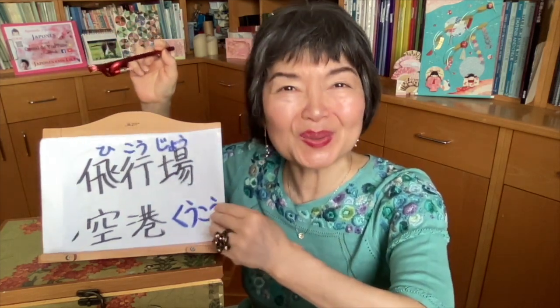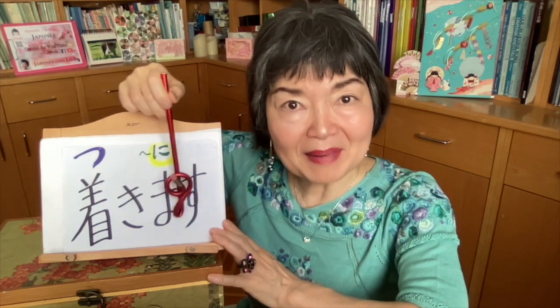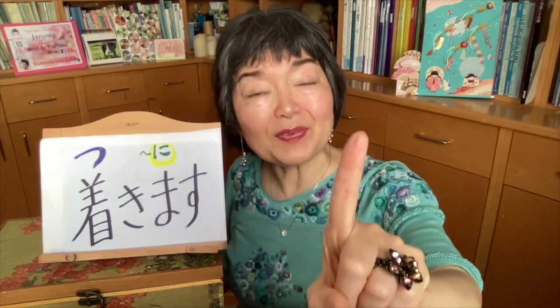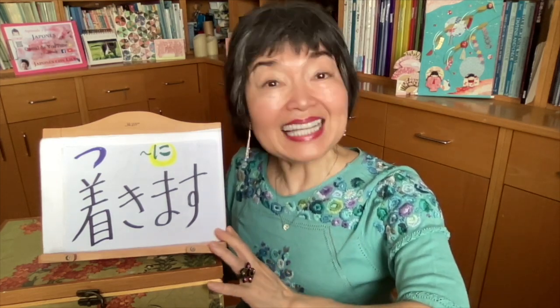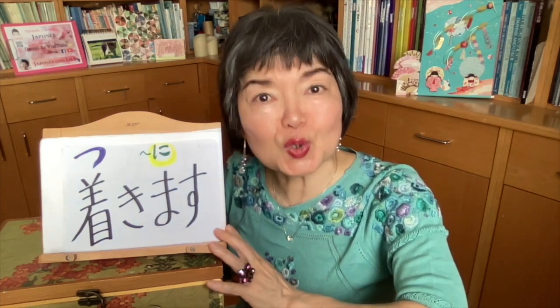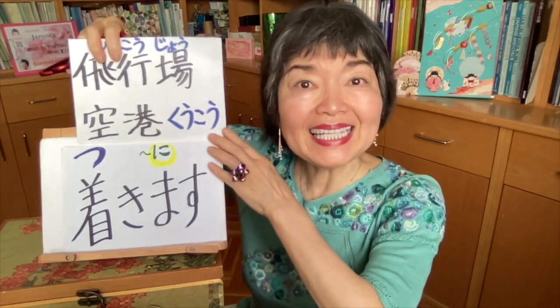And the verb 着きます, to arrive, with 空港に着きます. This is group 1, so て-form ついて, ない-form つかない, dictionary form つく.